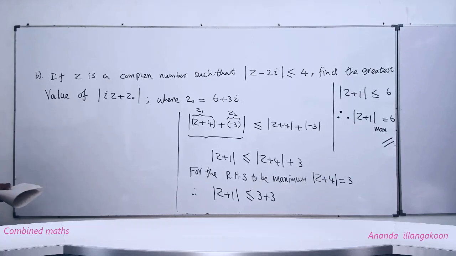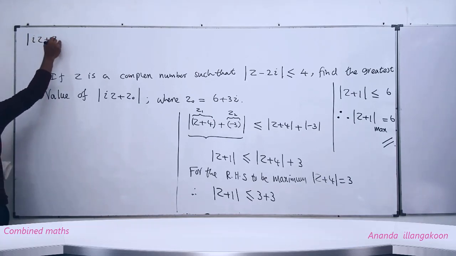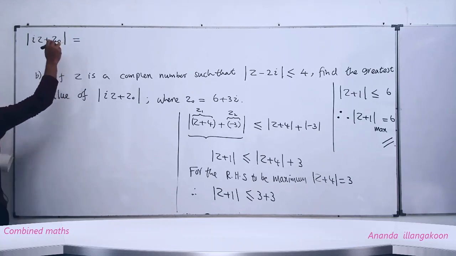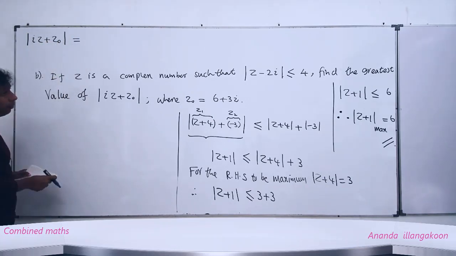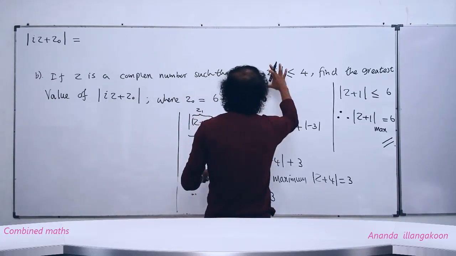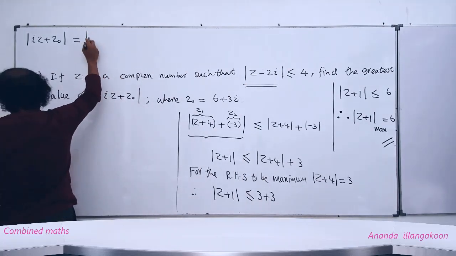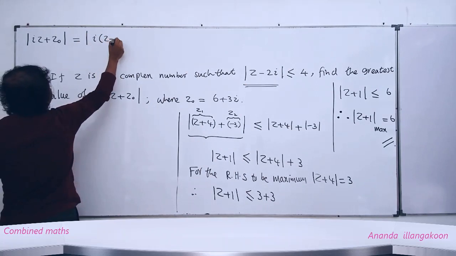Z is a complex number such that |Z - 2i| is less than or equal to 4. Find the greatest value of |iZ + Z naught|. I can first write the modulus of iZ + Z naught. This one I can write like this, people. Since we need to use this, we have to form this one on the right hand side. Then I can form it like this: i times (Z minus Z naught).